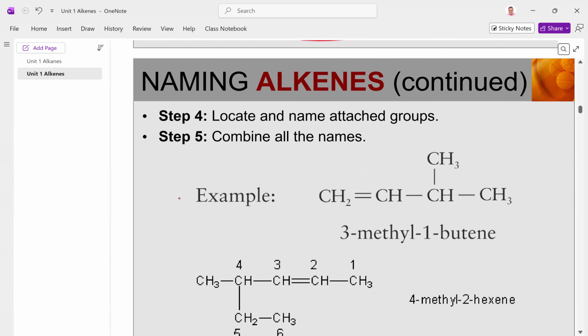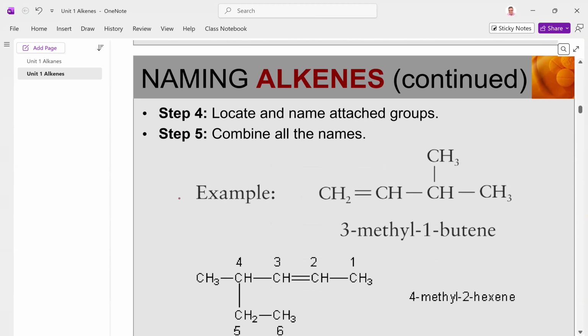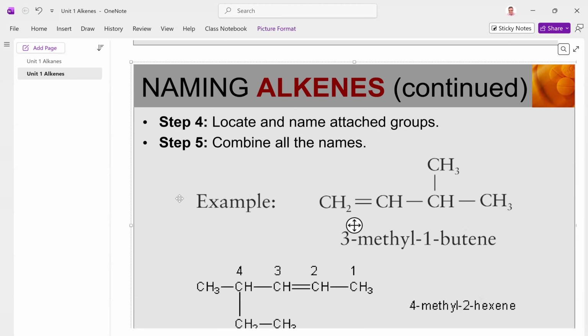Couple more examples here, okay? It's an alkene, double bond is closer to the left than the right, so we're gonna start numbering on the left. And we can either go straight across or go up. Let's go up.